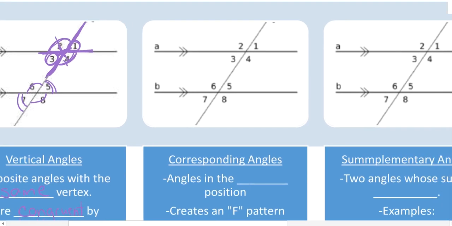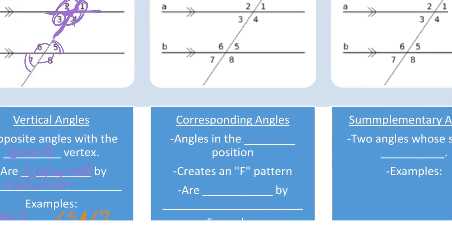Our second angle relationship that we have is called corresponding angles. And these are angles that are in the same position, but on the next parallel line. And it creates kind of an F pattern.